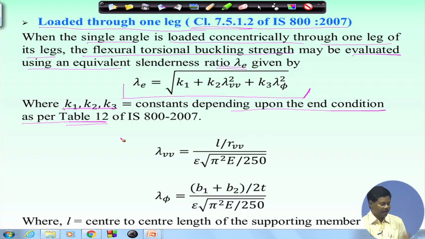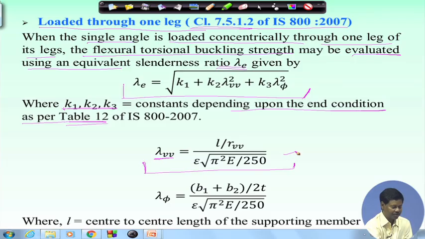And lambda vv and lambda phi are also given in the code, where lambda vv is equal to L by r vv by epsilon into square root of pi square E by 250. So, the non-dimensional slenderness ratio lambda vv can be calculated from this.